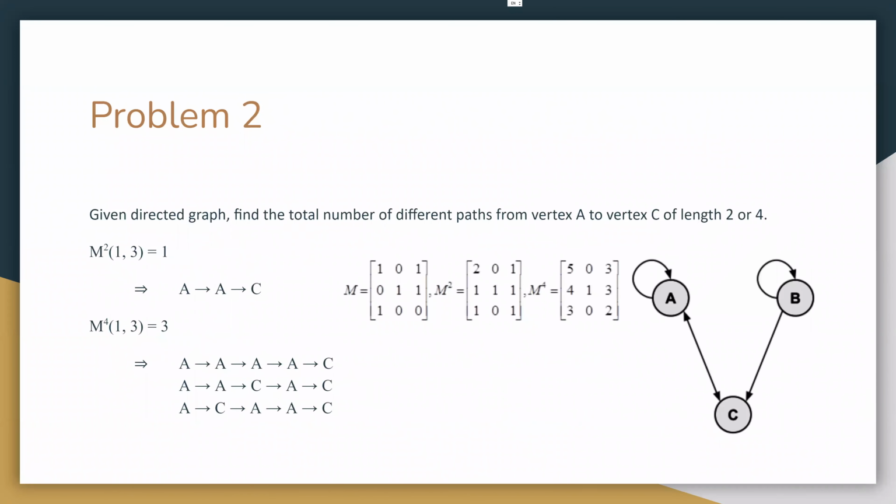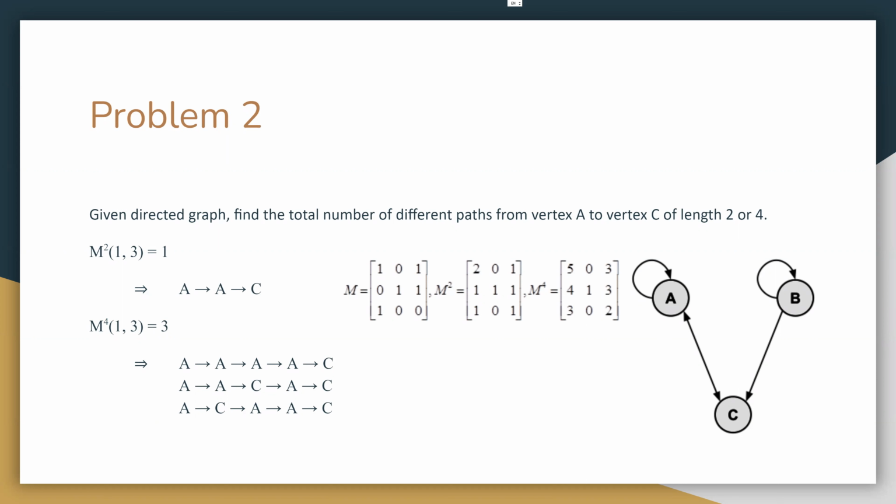In this one, this is the original matrix M, and M to the power of 2 is this. And in this, you do have edges that go from the node to itself. That counts as a path of length 1.